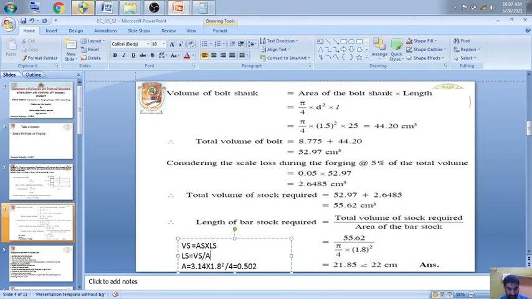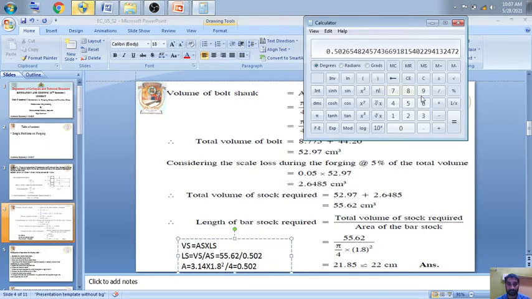So the volume of stock, we have found here, is 55.62, divided by the area of stock, 0.502. So calculate here.